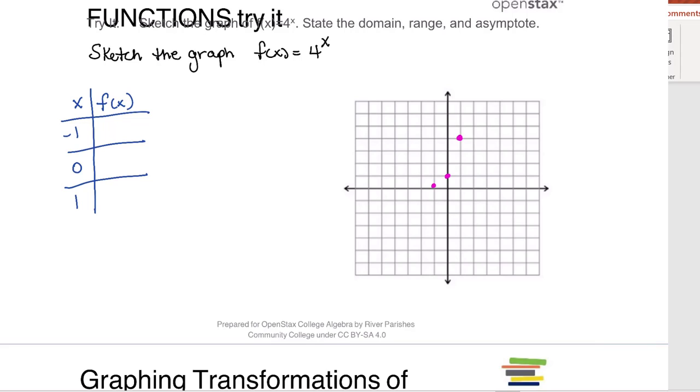Okay, and then we know that there's a horizontal asymptote here at y equals 0, so it's never going to cross that line. So there we go. There is the function.